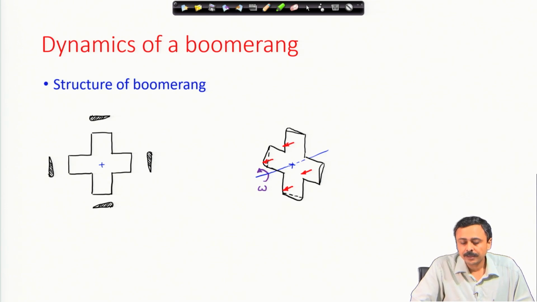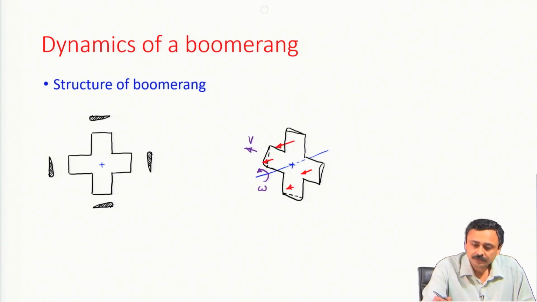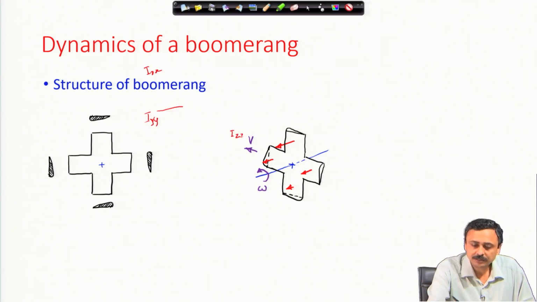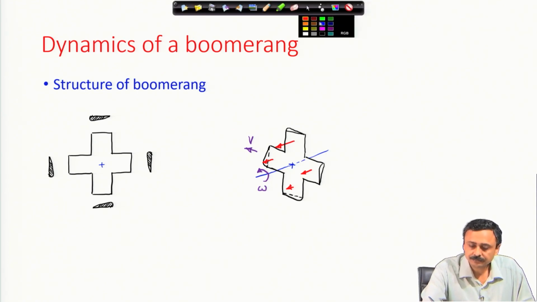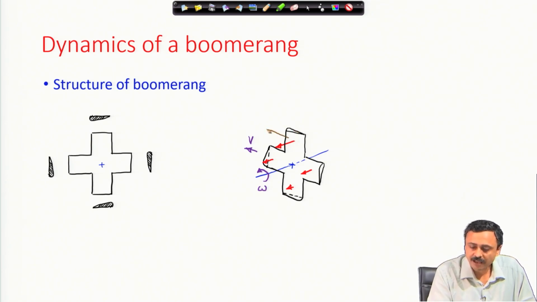But if I throw it, I give it a spin and a velocity, then you should note this: this arm will have a greater velocity, because its velocity is due to spin plus v.